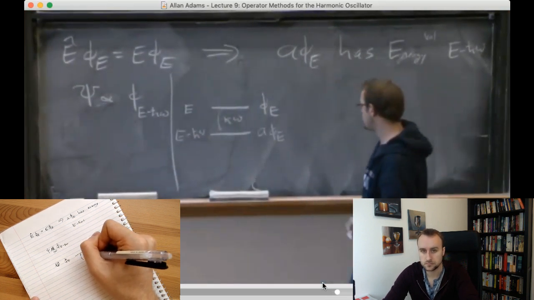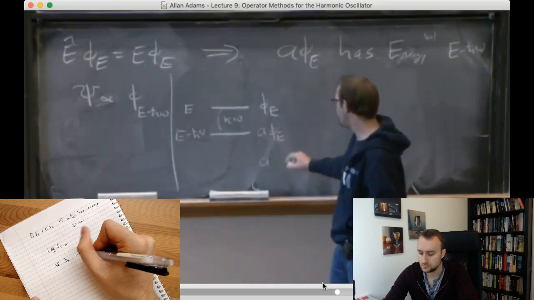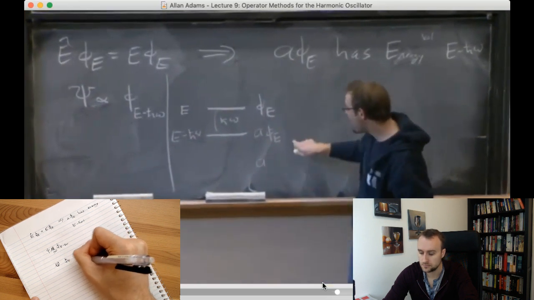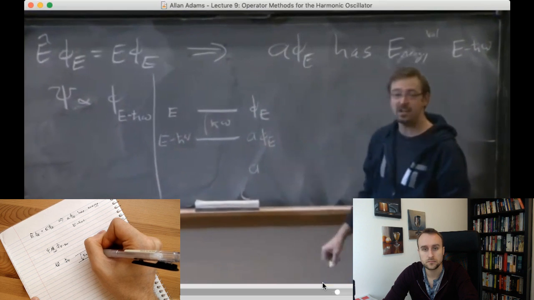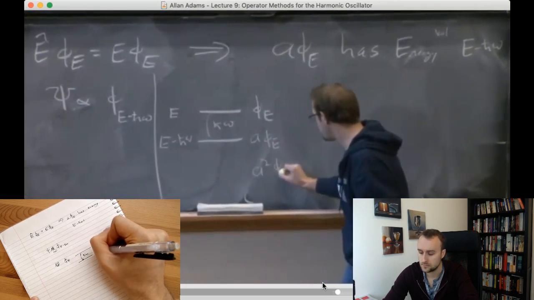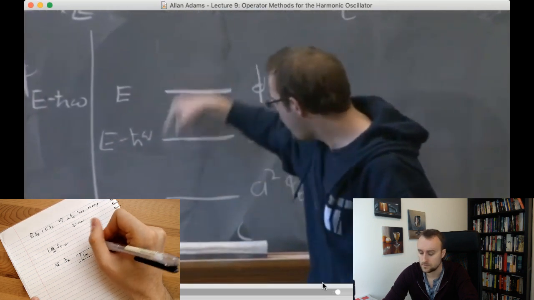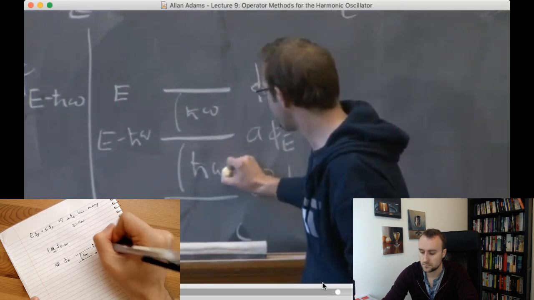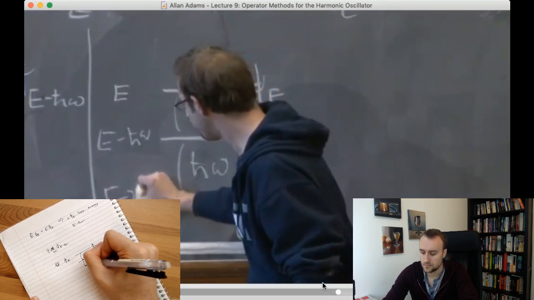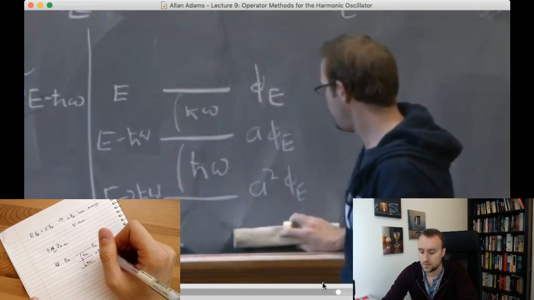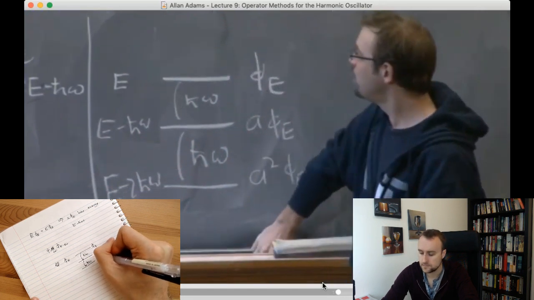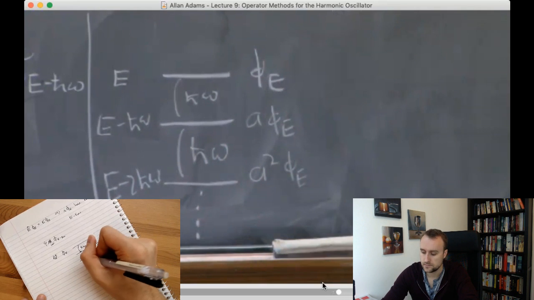Let me do it again. Let's act A on phi E again. By exactly the same argument, if I make psi equal to A squared phi E, I get another state, again separated by h bar omega: E minus 2 h bar omega. Turtles all the way down.